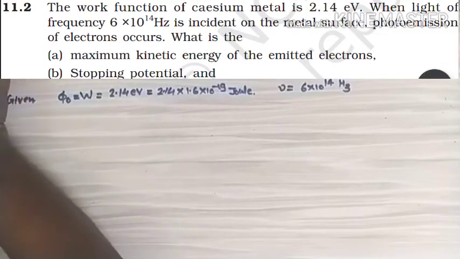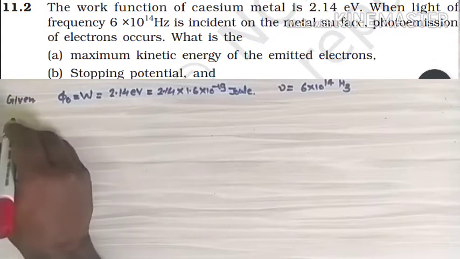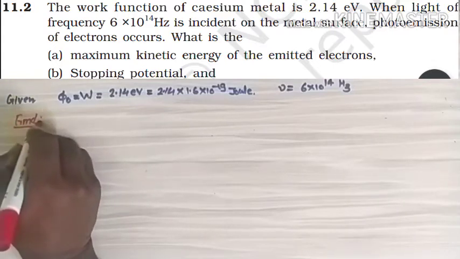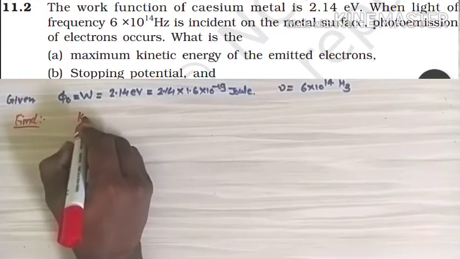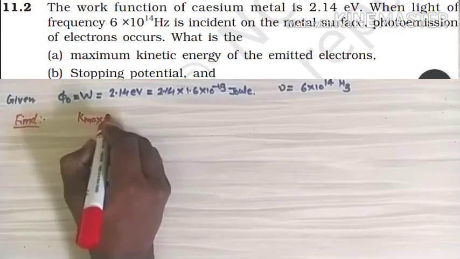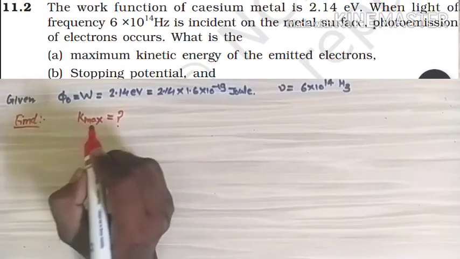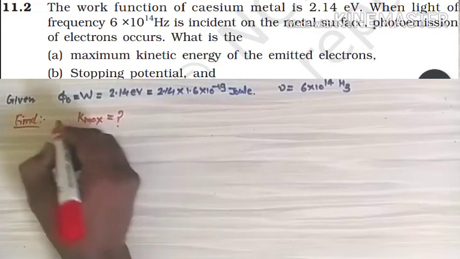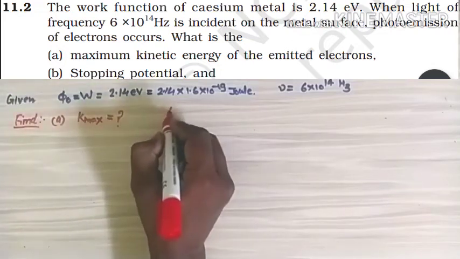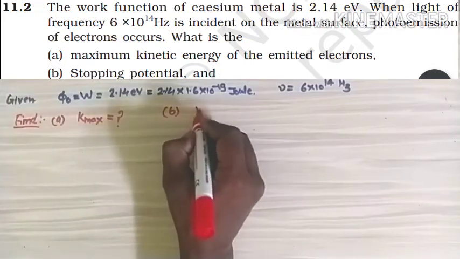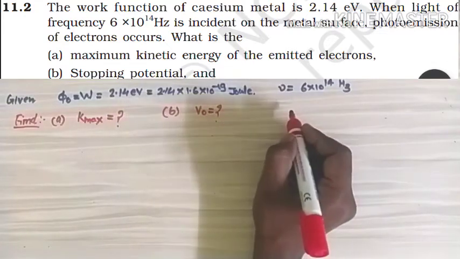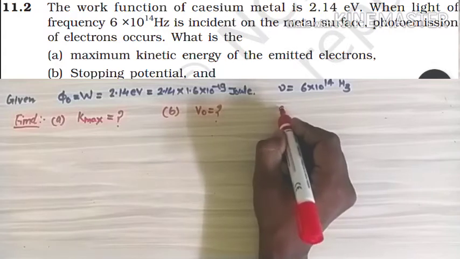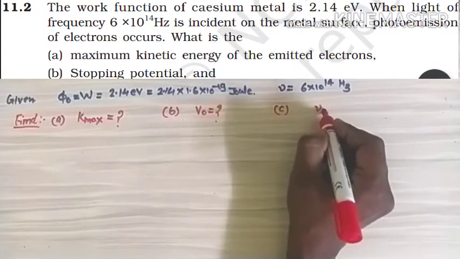So the question asks: find the maximum kinetic energy, K max, of the photoelectron. The second part asks the stopping potential, V naught, and the third asks the maximum speed of the emitted electron, V max.